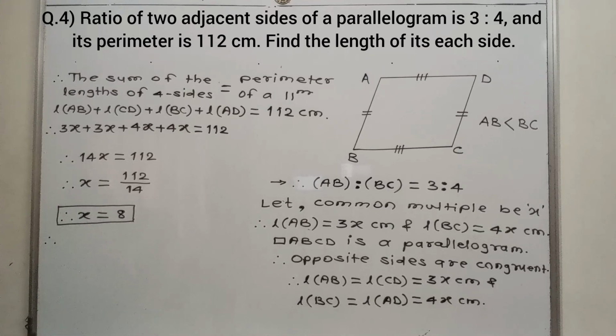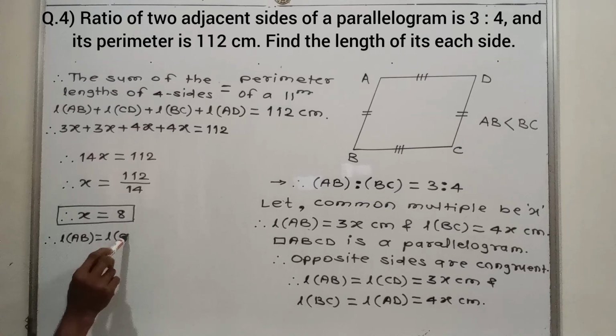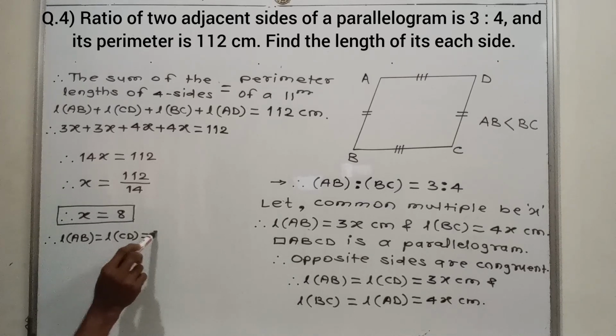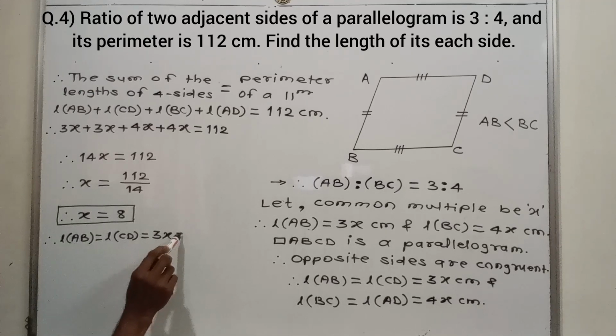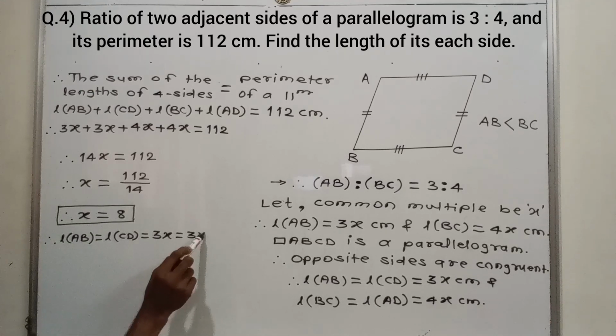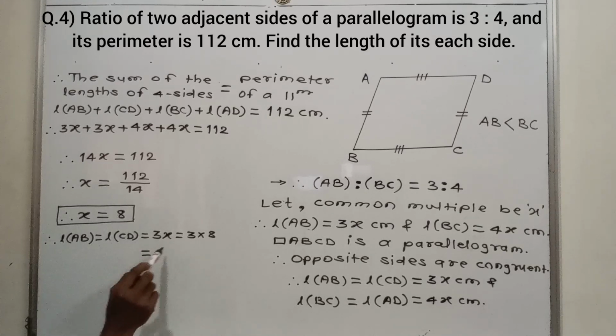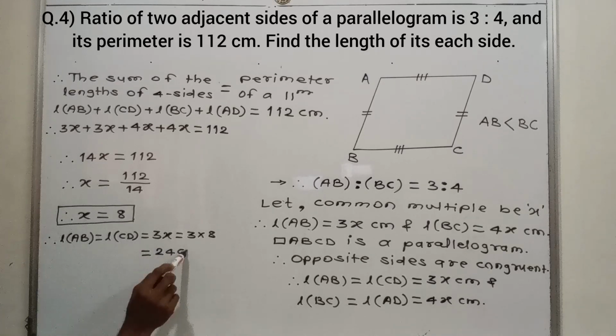Did you get it? Therefore, find the length of each side. See this. Therefore, length of AB is equal to length of CD is equal to 3x centimeter, is equal to 3 into 8 is equal to 24 centimeter.